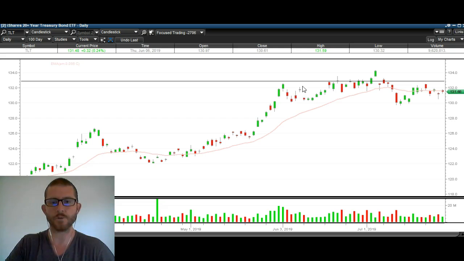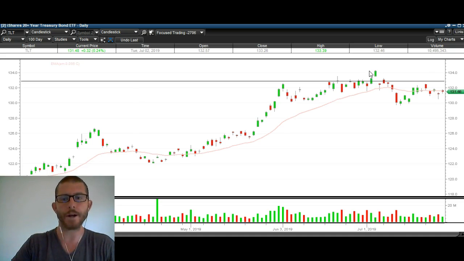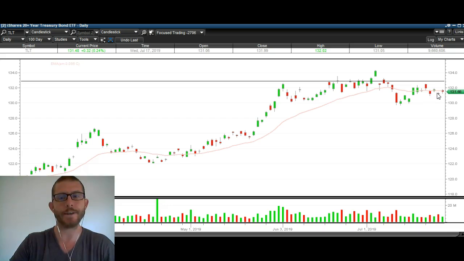You can see that this was sideways trading with resistance. Clearly broke over that level right here, and then boom, we violated that level and headed a little bit lower. So to me, we're looking at potentially a downside move in the short term, just because you really want these breakout levels to hold.